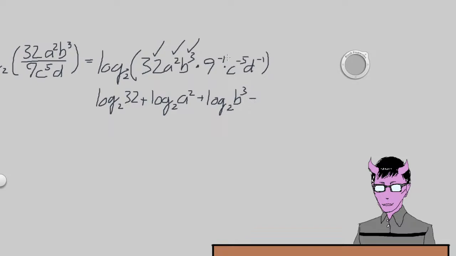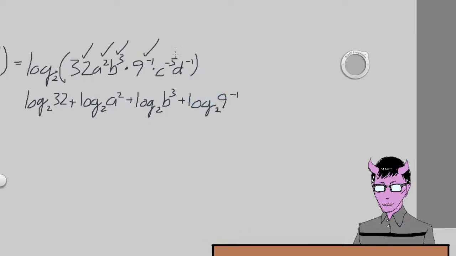If you wish, you could just take that exponent and slam it down in the front, thereby getting -1 times log base 2 of 9. But I'm not going to do that at the moment. So it's just going to be plus log base 2 of 9 to the power of -1. Thus, we have two factors left to deal with, so 2 more terms for the expansion. We're going to have log base 2 of c to the power of -5.